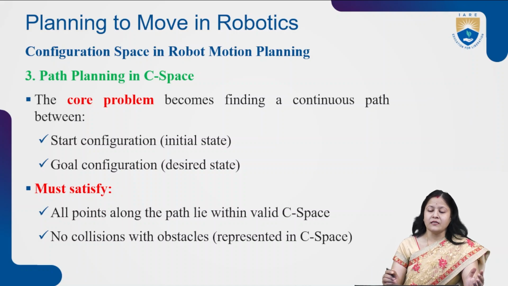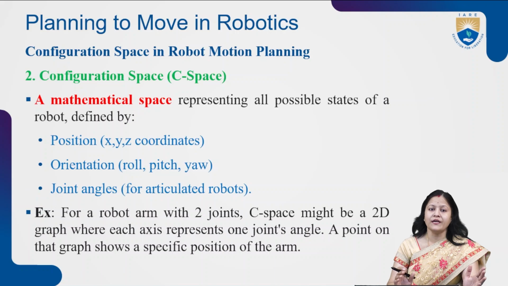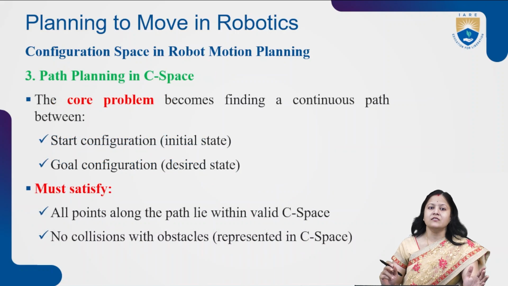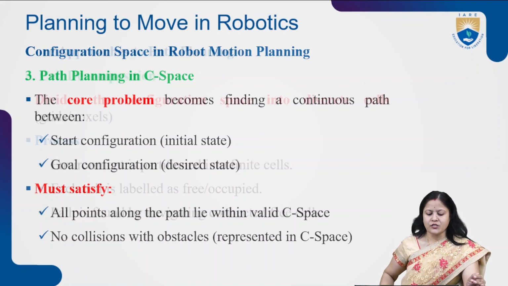As I told, after defining the problem statement, in the second step the configuration space, the coordinates, the orientation and all the joint angles will be defined. In the third step, the points which are free in the space will be identified for the valid path, and all these points should lie inside the configuration space only, so there is no collision with the obstacles represented in the configuration space.